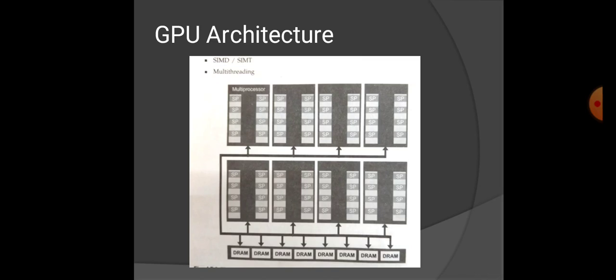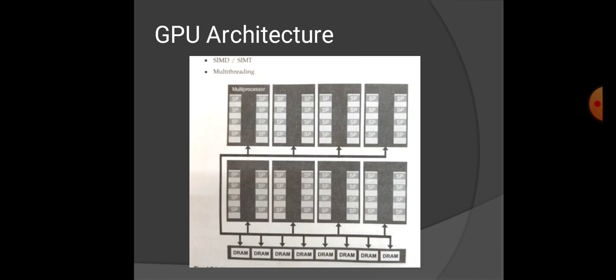Next, multi-threading. Multi-threading is another important execution paradigm that GPU architecture employs. GPU processors use fast hardware-based context switching to tolerate long memory and operational latency. The effectiveness of multi-threading depends on whether an application can provide a number of concurrent threads.